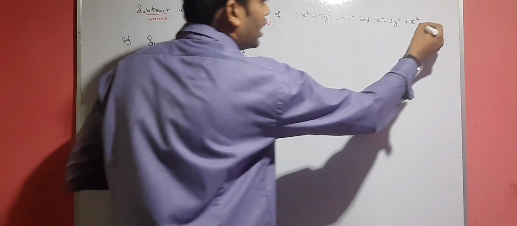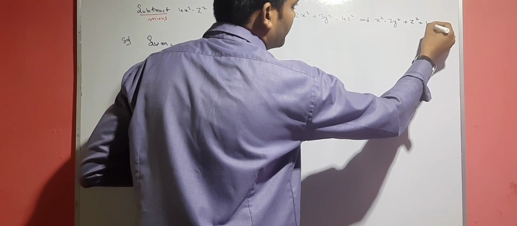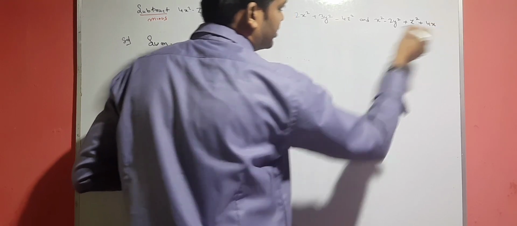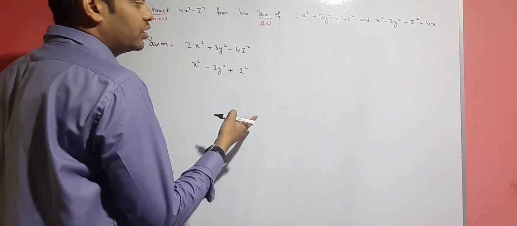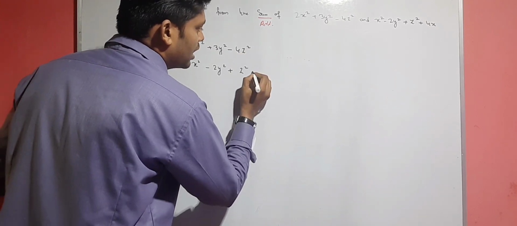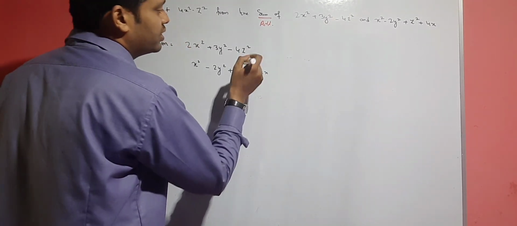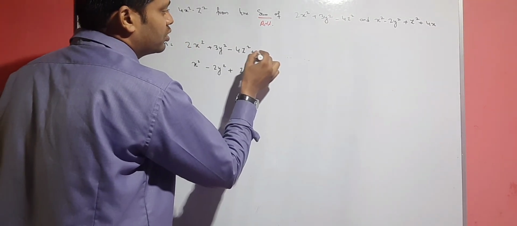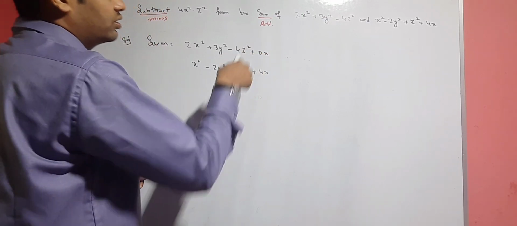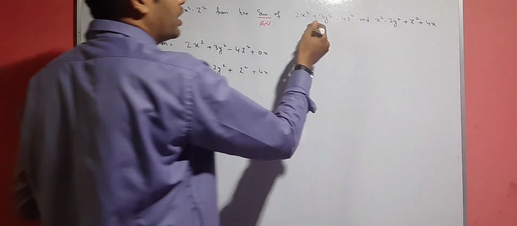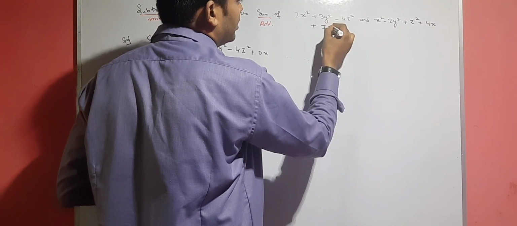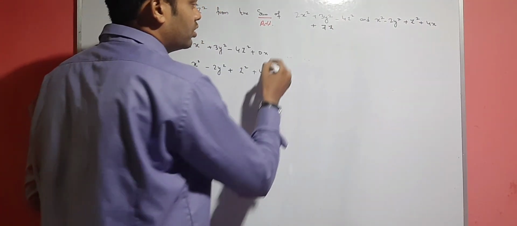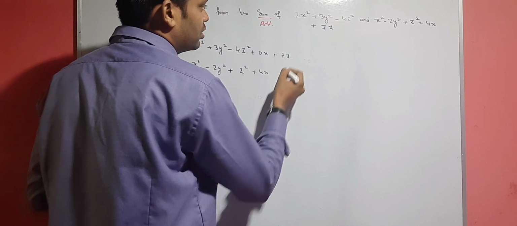Now in case I have 4x like this, do I have 4x anywhere in the first one? No. Then what will I do? Leave some gap and write 4x, because nothing is there here, so you will write 0x. Similarly, if 7z is there in one and not in the other, you will write 0z where nothing is there.